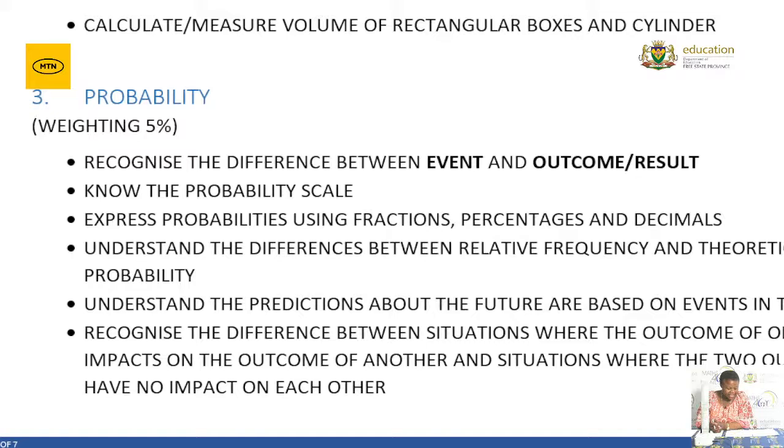And also, candidates, remember, you must recognize the difference between the situation where the outcome of one event impacts the outcome of another, and the situation where the outcomes have no impact on each other. And also identification of possible outcomes for compound events by using tree diagrams as well as two-way contingency tables.